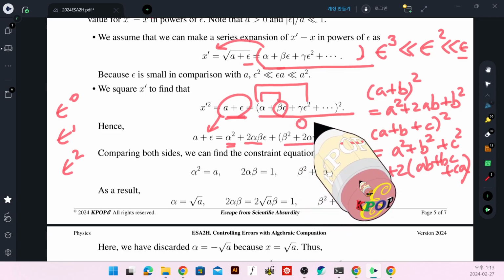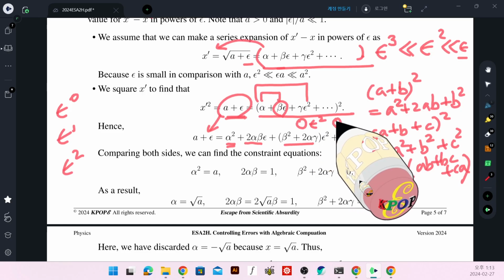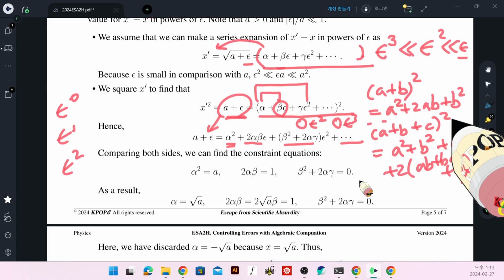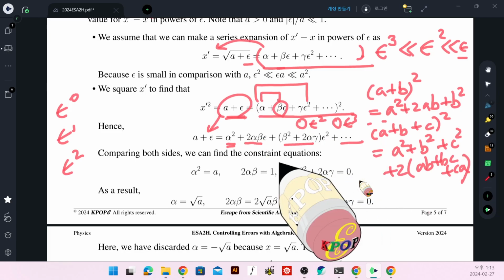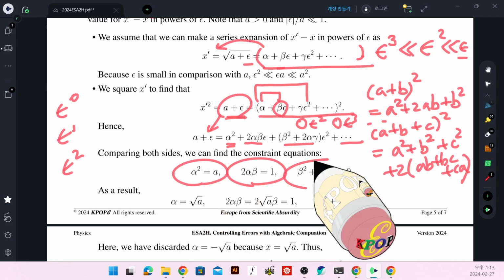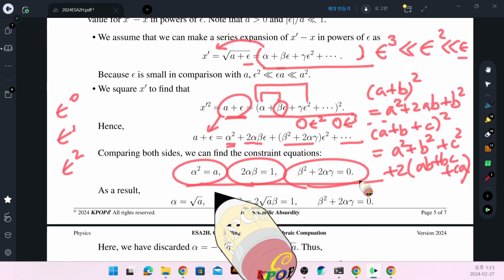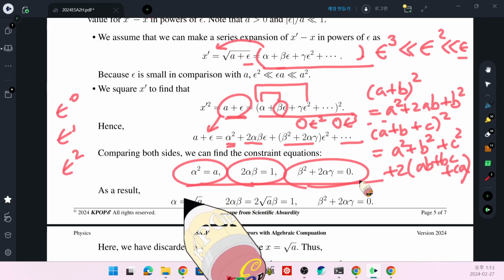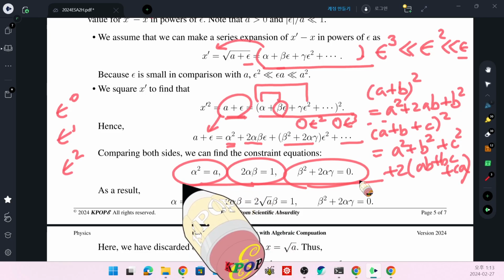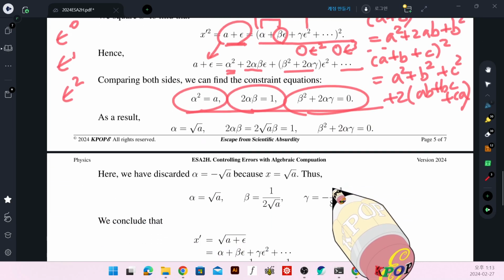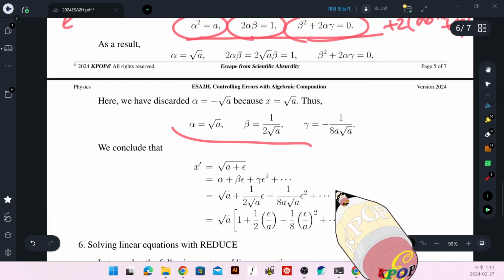So it should be 0 for epsilon squared, epsilon cubed, and so on. Using these conditions, we can find simple equations, and it is straightforward to find the solution for alpha, beta, and gamma. And the final result is shown here.